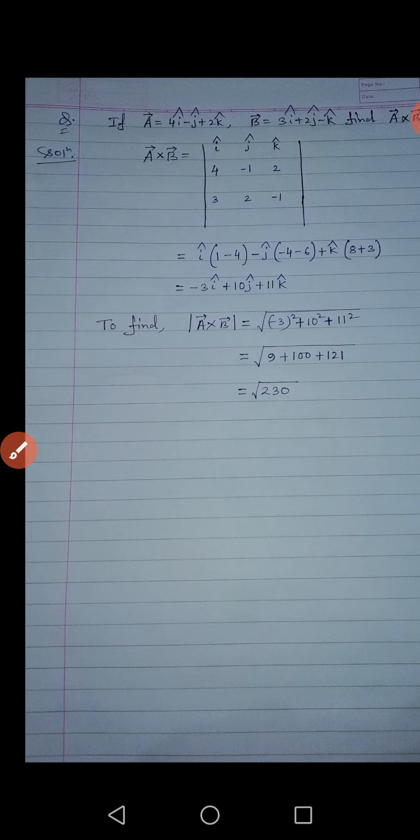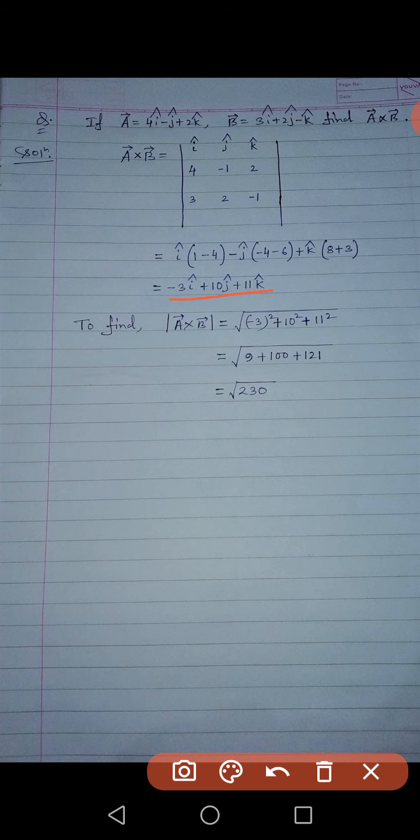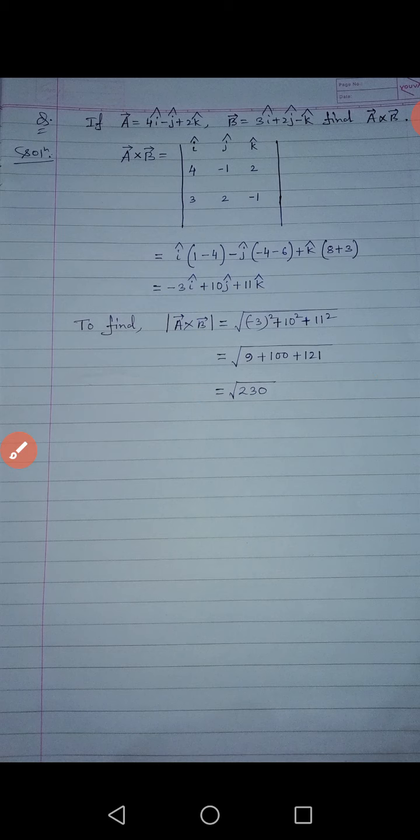Similarly, a cross b is this vector, so this will be root over minus 3 square plus 10 square plus 11 square. So if you calculate, this is the value. So once you get a cross b, you can find the modulus of a cross b by this formula. Alright, okay then, thank you.